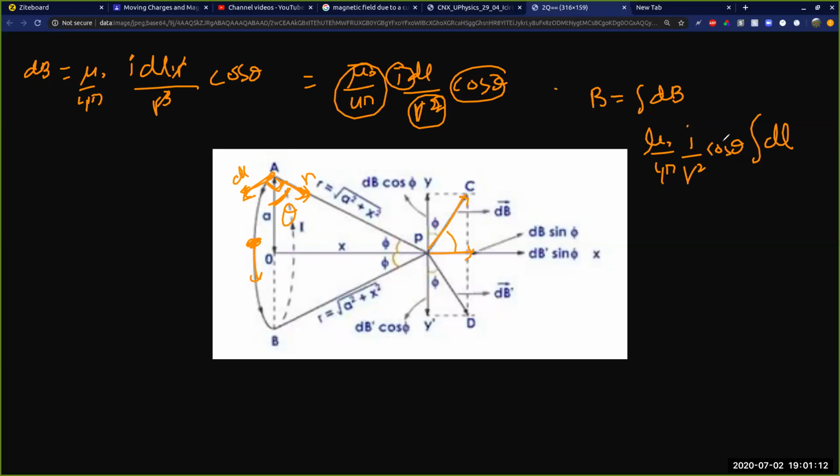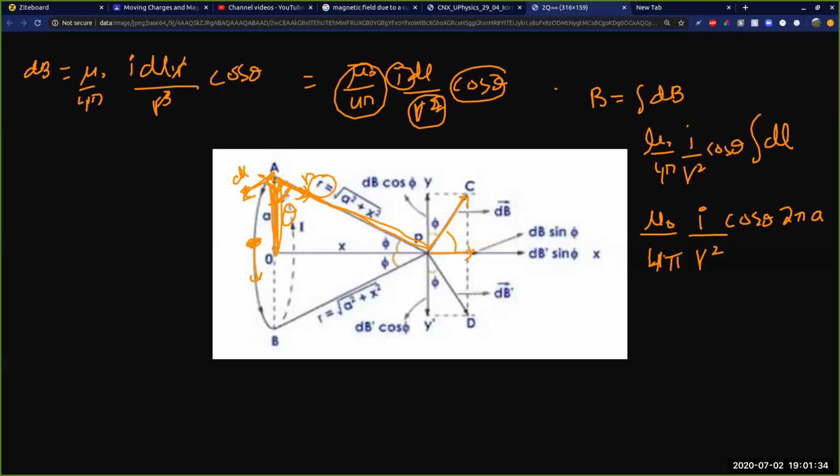And integral dl is 2 pi R, sorry, 2 pi A. Keep in mind that A is the radius, while R is this distance. So it is mu naught by 4 pi I by R square cos theta 2 pi A, correct?